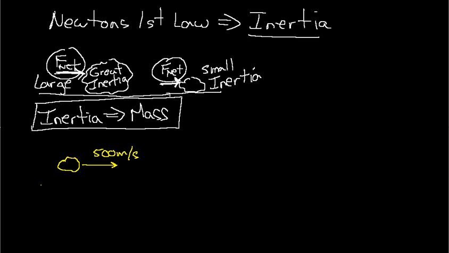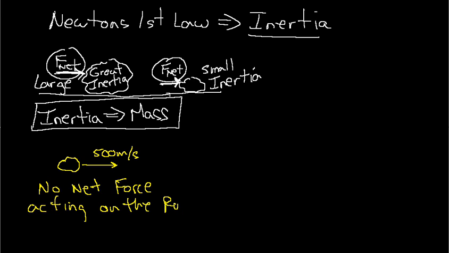So let's say there is no net force acting on the rock, the meteor. If there's no net force acting on the meteor, then it'll keep going forever. Its inertial state is a tendency of this meteor to want to keep going at a constant velocity.